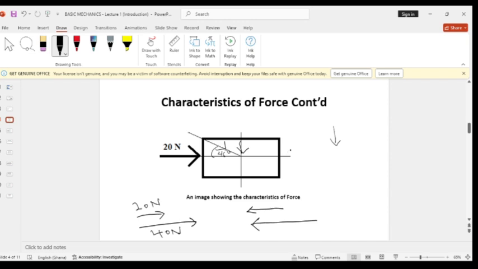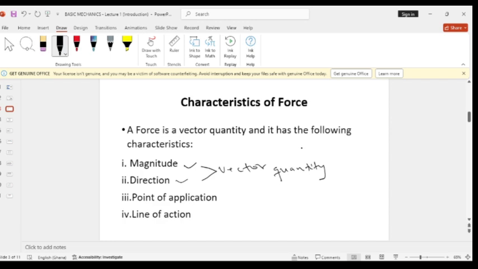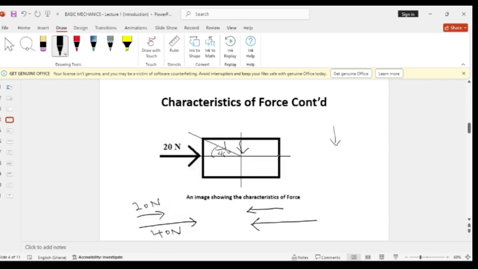So let's go to the next point, which is the point of application. That's the three, the point of application. When we say point of application, then we are talking about the exact location the force was applied.